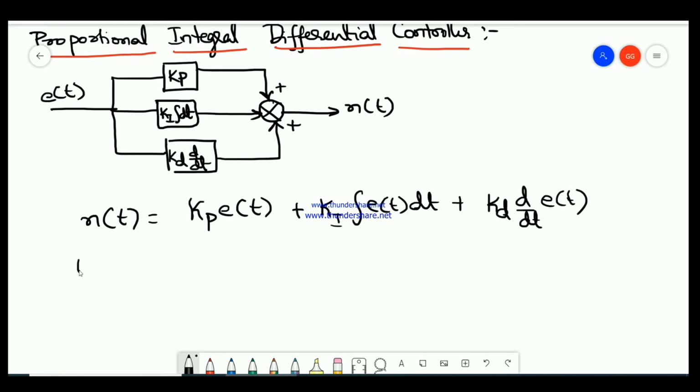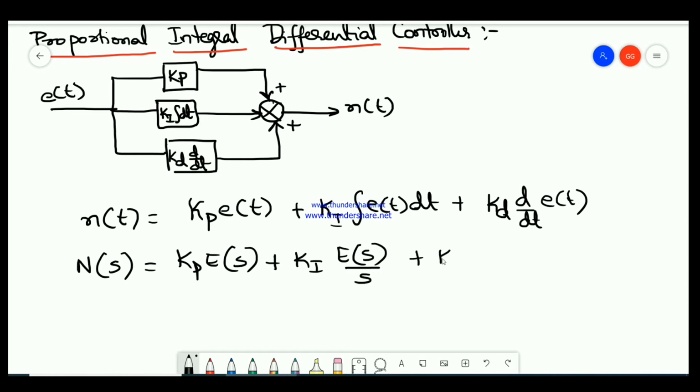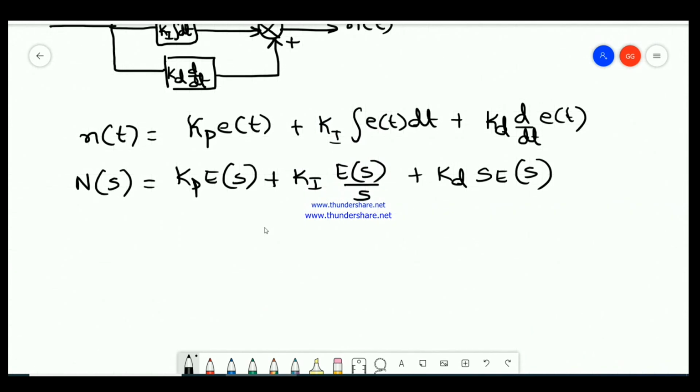Which is, N(s) will be equal to Kp into E(s) plus Ki into E(s) by s plus Kd into s into E(s). Now you take E(s) common and write the transfer function N(s) by E(s).